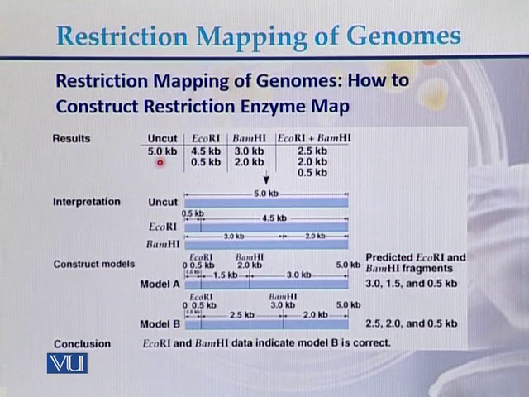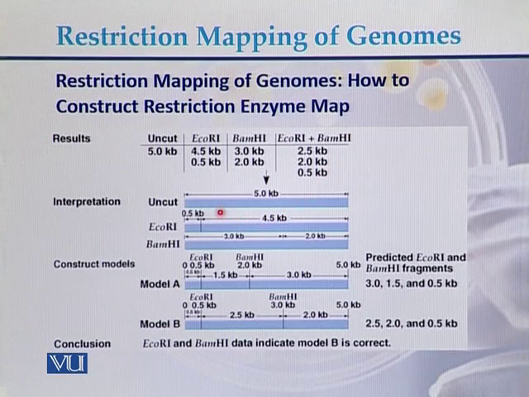When we have not cut the DNA, the size was 5 kb. When we use the restriction enzyme EcoR1, the sizes of the fragments were 4.5 and 0.5. With the help of BamH1, the sizes were 3 and 2, and with both simultaneously, EcoR1 and BamH1, they were 2.5, 2 and 0.5 kb.